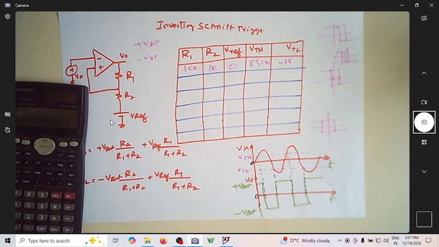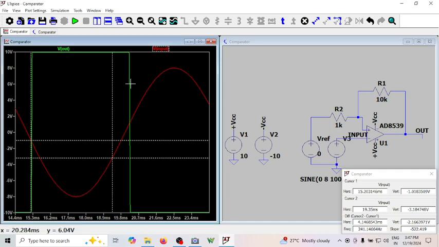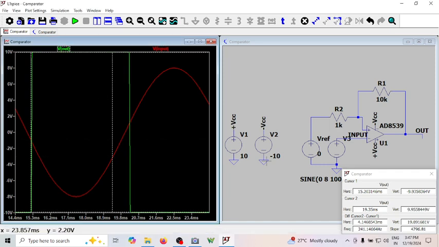That's okay, fine. Plus Vsat is 9.95, minus Vsat is minus 9.96. It's almost plus or minus 10 volts.